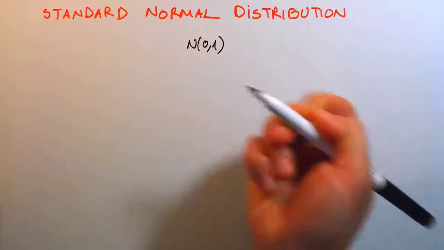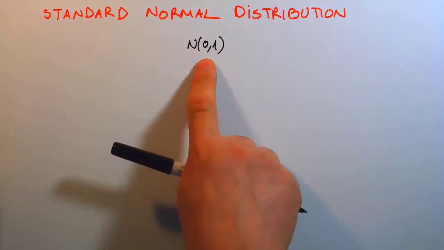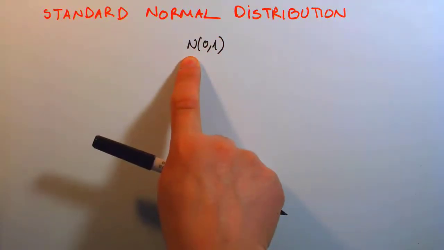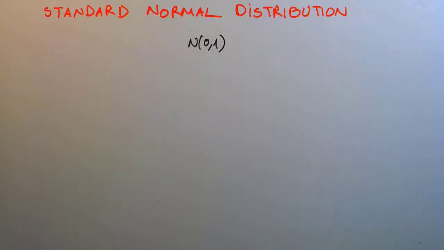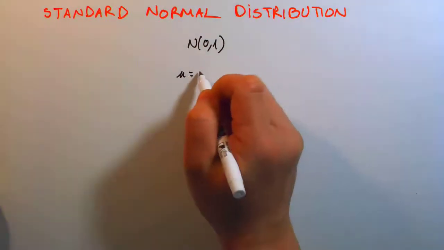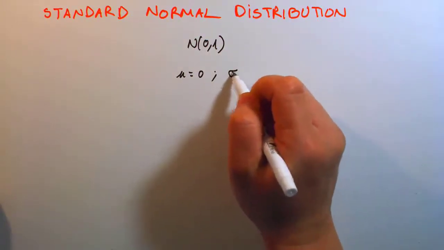Like in my beginning definition, it is simply one among the many other distributions out there, where the mean is precisely at 0 and the standard deviation is given to be 1.